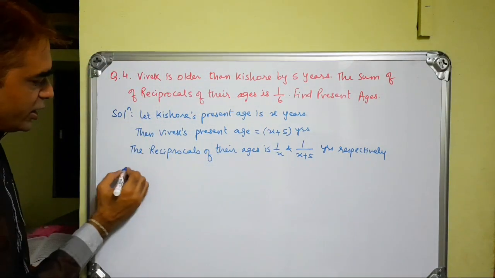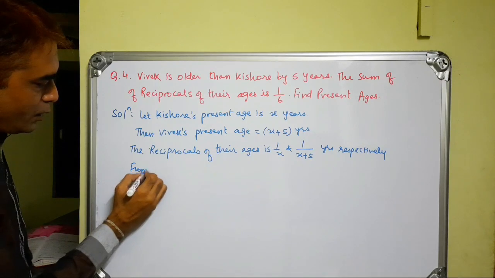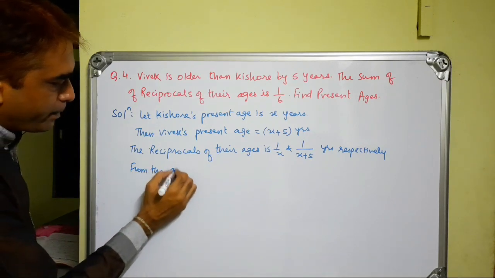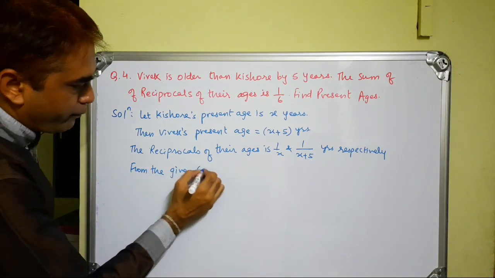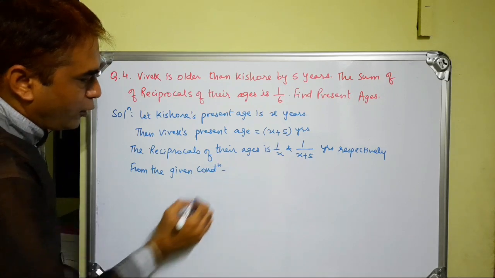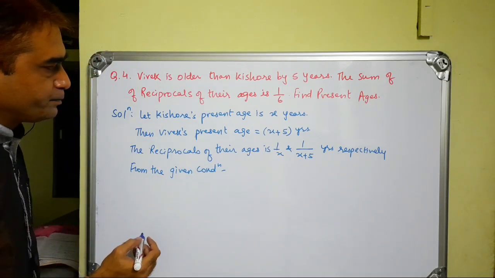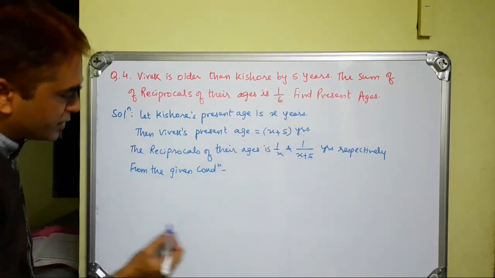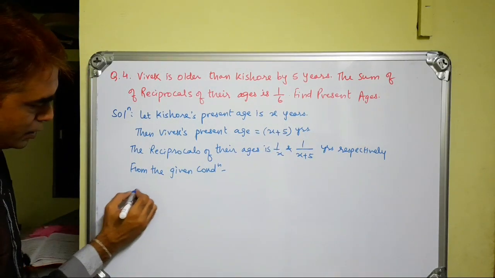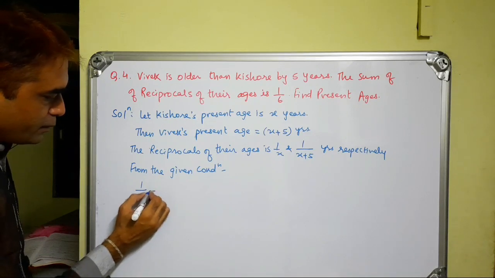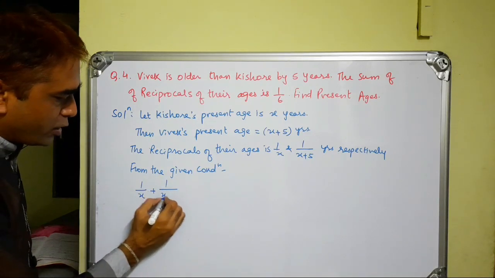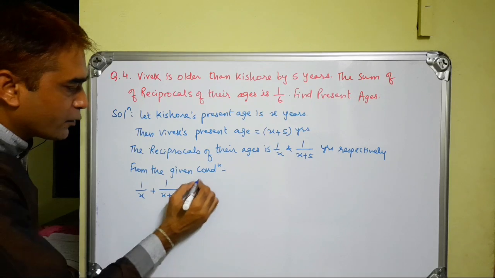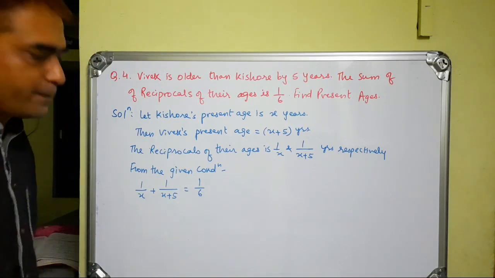Now from the given conditions, the sum of reciprocals is 1/6. So 1/x plus 1/(x plus 5) equals 1/6.